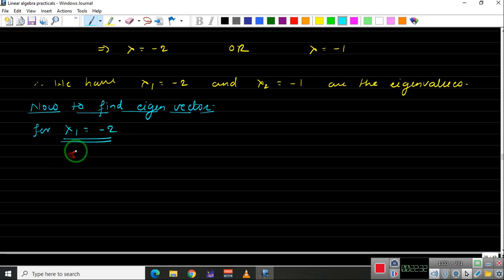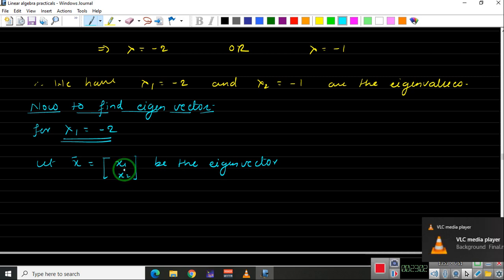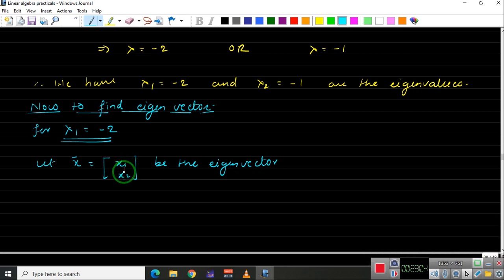For lambda equal to minus 2, let the eigenvector be x1, x2, because we have a 2 by 2 matrix here. So let x bar equal (x1, x2) be the eigenvector. We need to find the values of x1 and x2. These are scalar numbers.